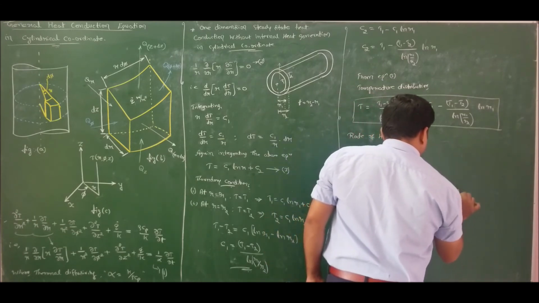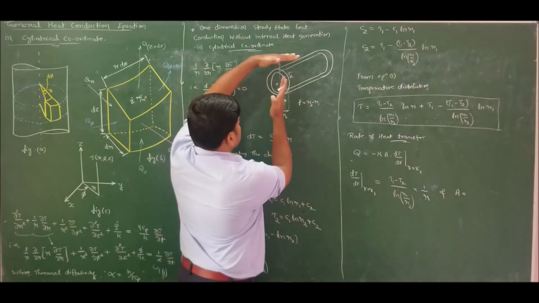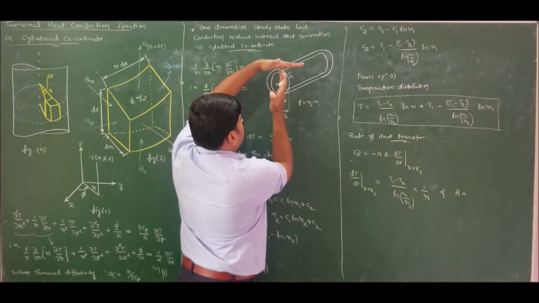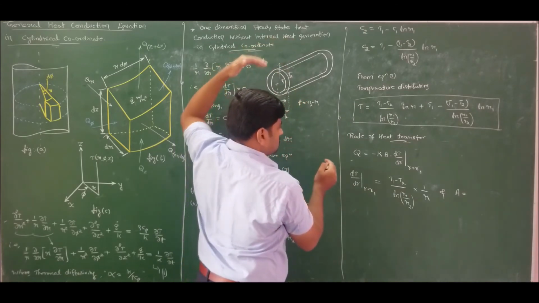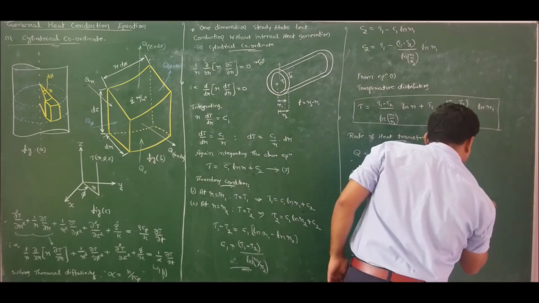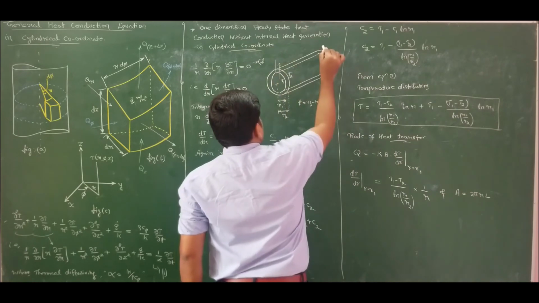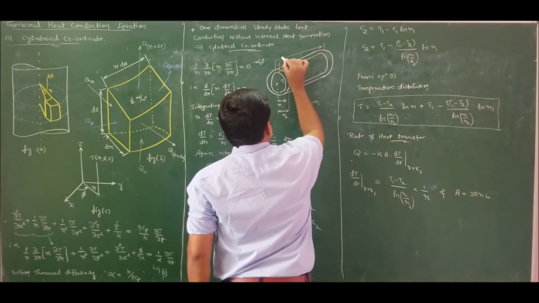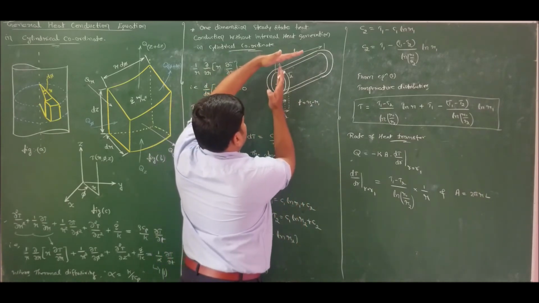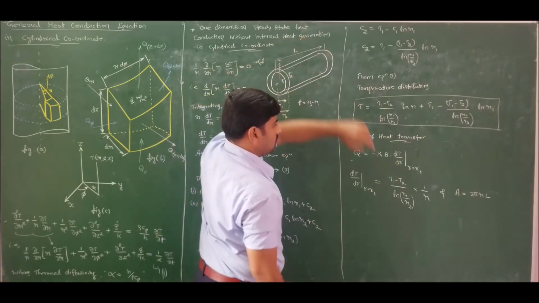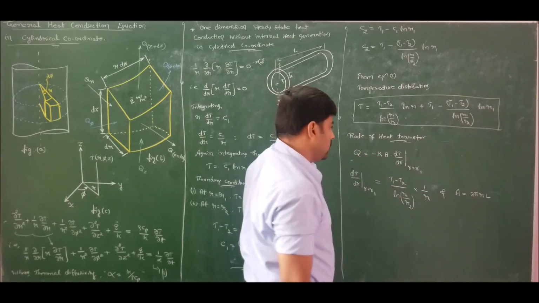And also we know that the area perpendicular to the direction of heat flow is the projected area, so it is nothing but the circumference into length, that is 2 pi R into L. That is what we have, 2 pi RL, which is the area perpendicular to the direction of heat flow.